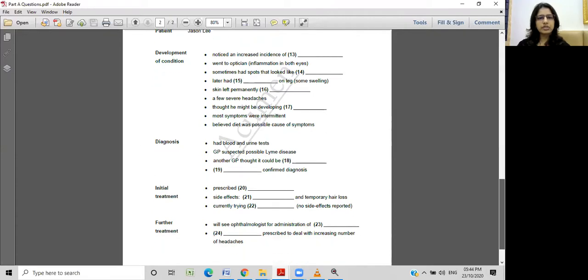Pay attention to the subheadings, okay, and then look at each question and try and predict the type of information that you are looking for. If you are doing this for the first or the second time, try to actually write it down in your notebook for each blank what kind of information you are looking for. And what are the keywords that may help you pick that up.